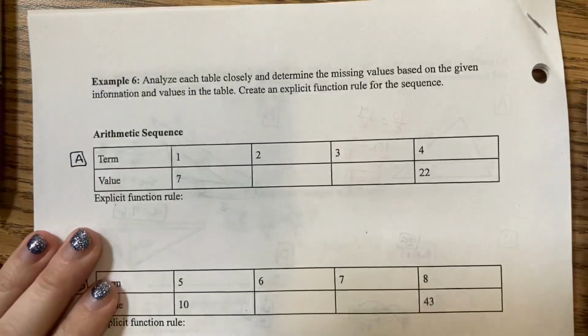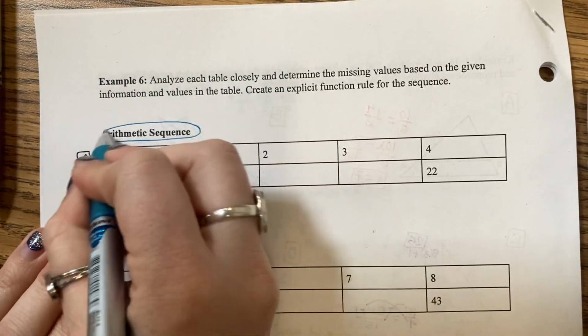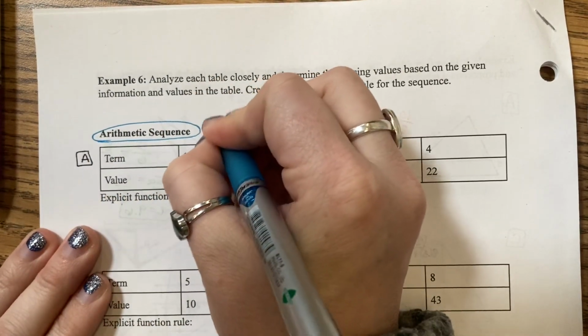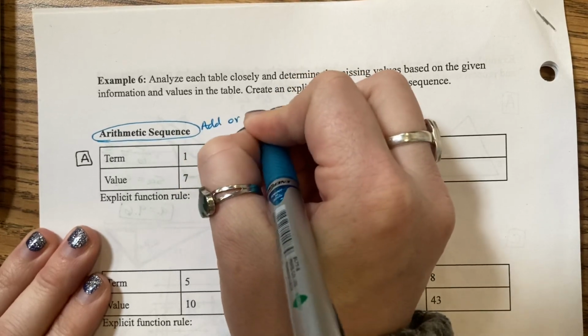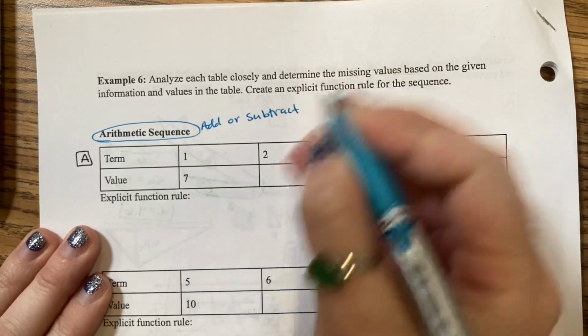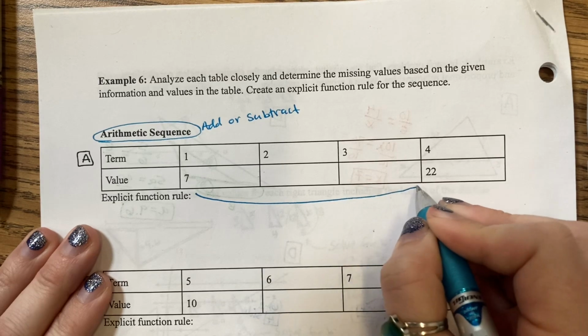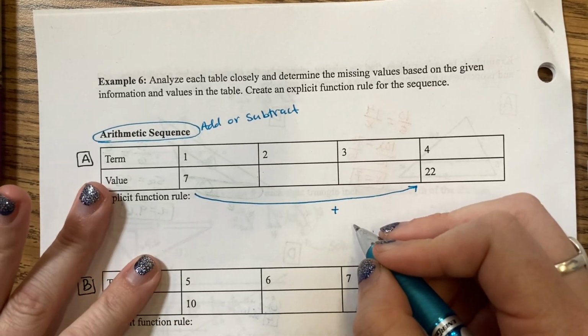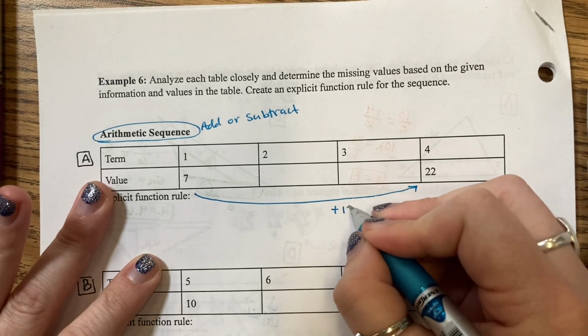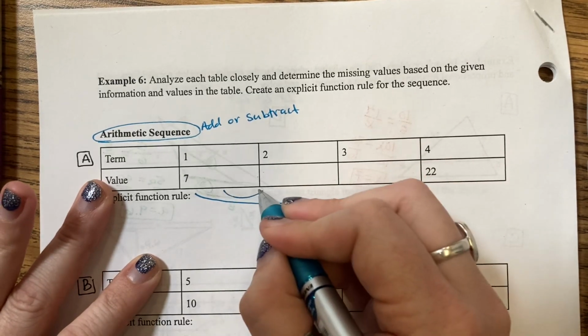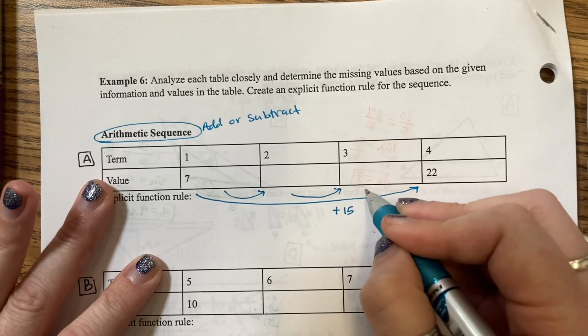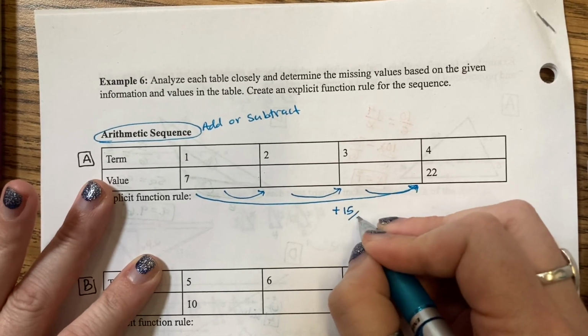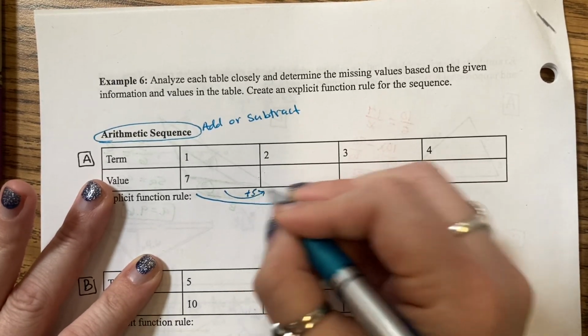For sequence review, if it says arithmetic, that means it is adding or subtracting. 7 to 22 is adding 15. But it's skipping 1, 2, 3 steps, so I divide that into 3 pieces.